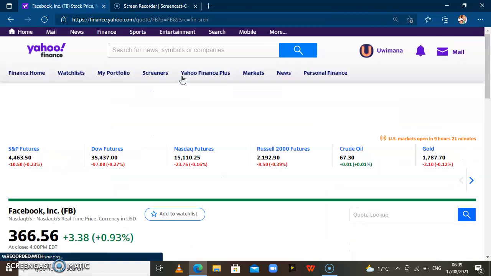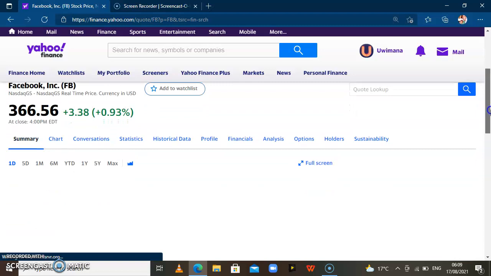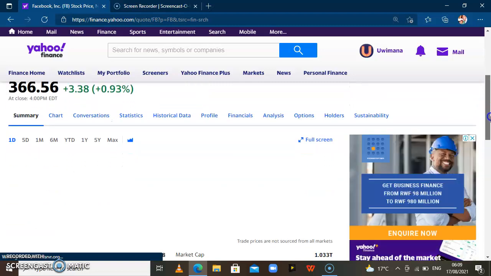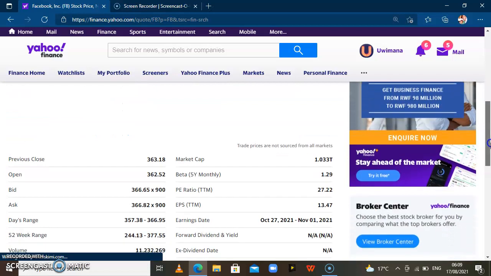So we visited Facebook yesterday, and the page for the Facebook stock, we visited it yesterday, and we've been able to see a lot of information here.